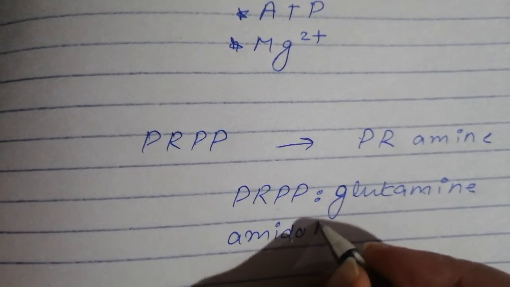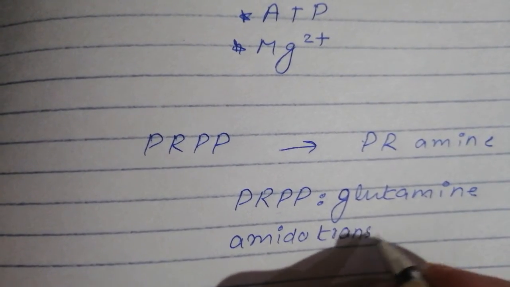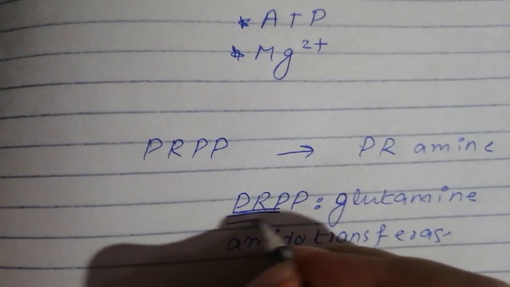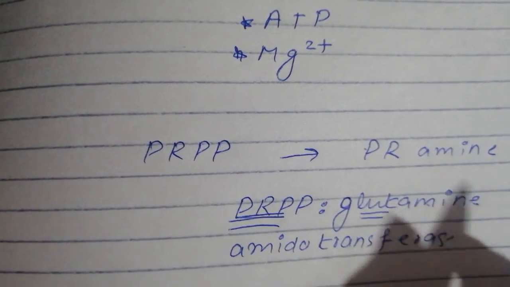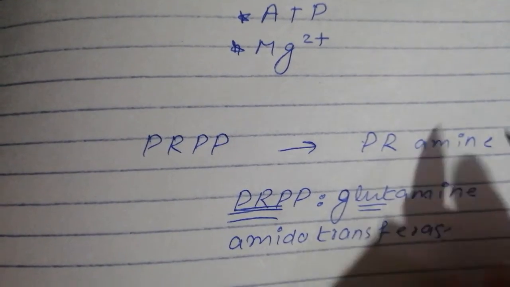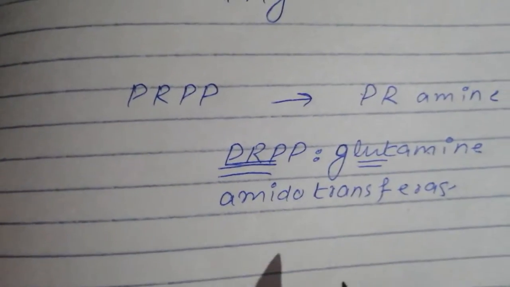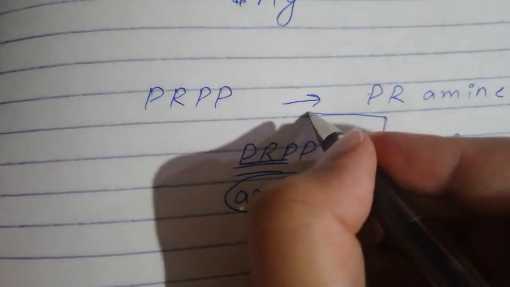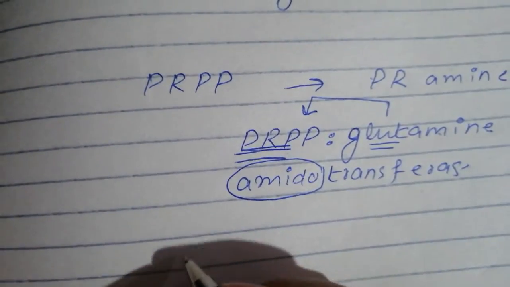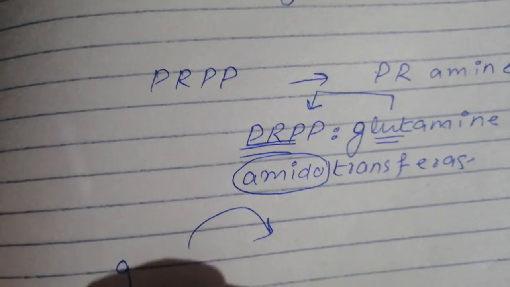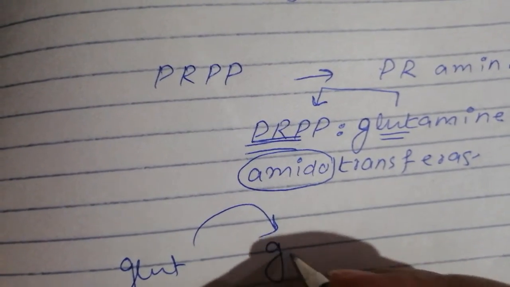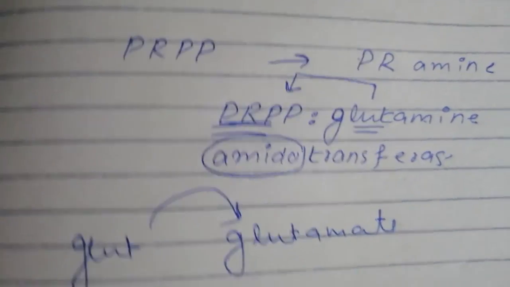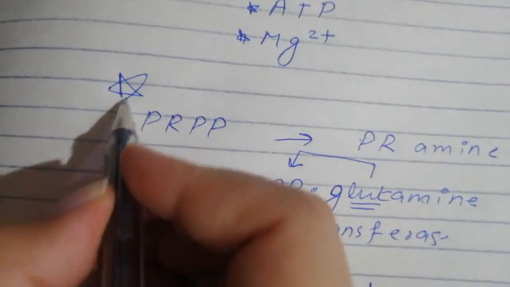The reason for this is that this enzyme will have two sites. One will bind to PRPP, another will bind to glutamine. Glutamine is one of those amino acids that has 2 NH2s. The amido group of the glutamine will be transferred from the glutamine to the PRPP. So the byproduct of this reaction is that glutamine enters, and glutamate, which is 1 NH2 less than glutamine, is what leaves. And the important thing is that this is a regulatory step.